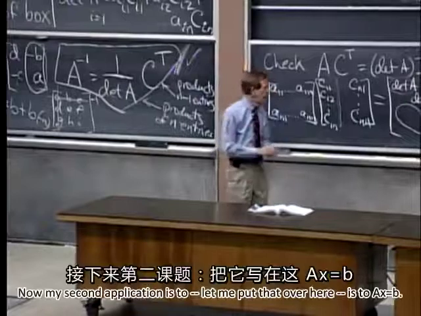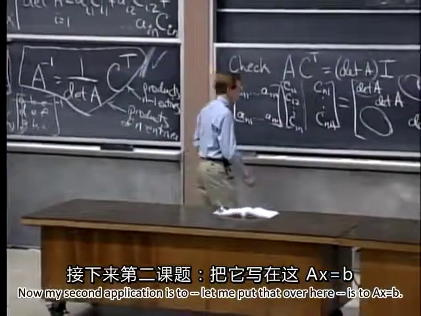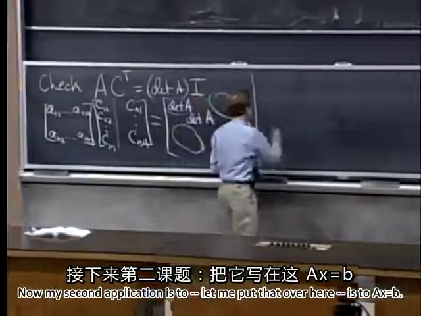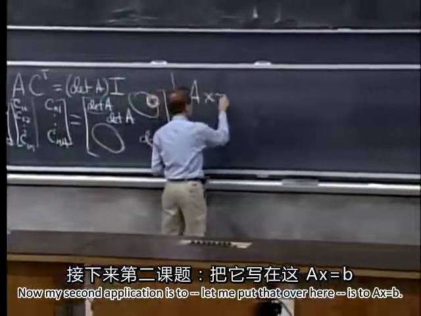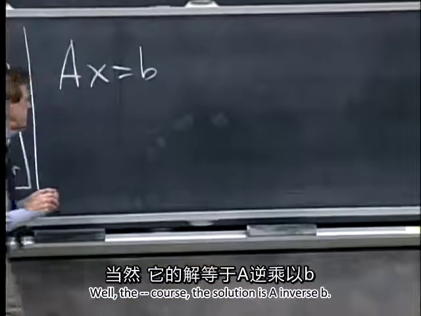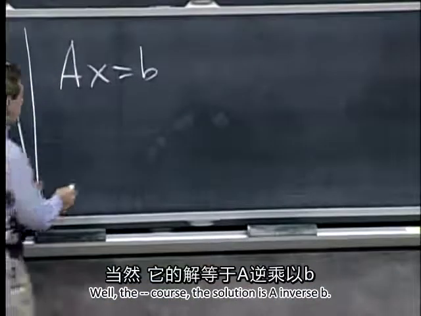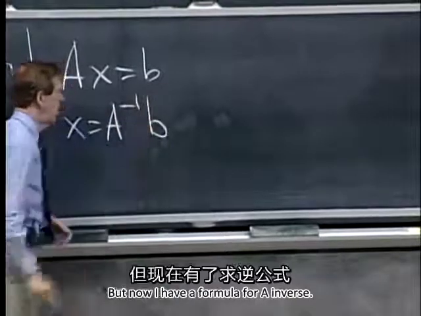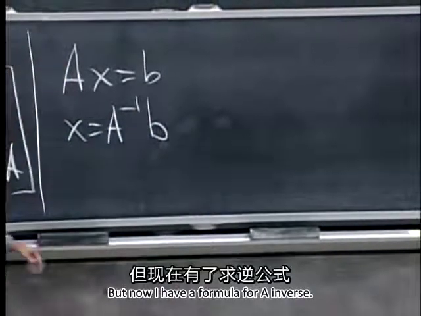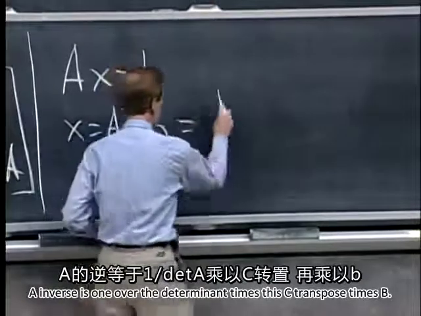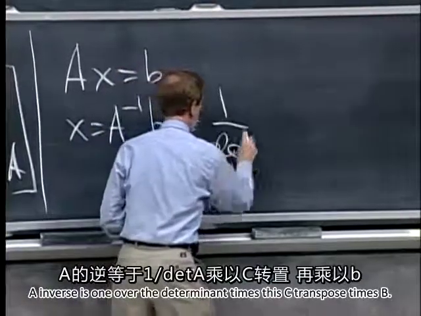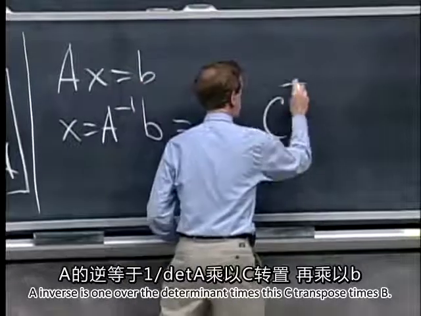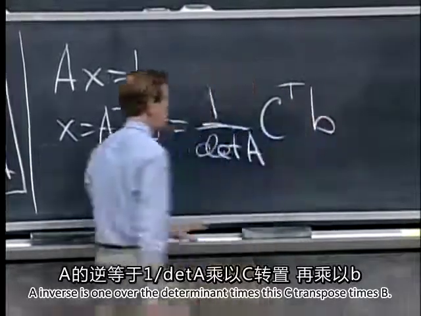Now, my second application is to Ax equals b. Of course, the solution is A inverse b. But now I have a formula for A inverse: 1 over the determinant times C transpose, times b.